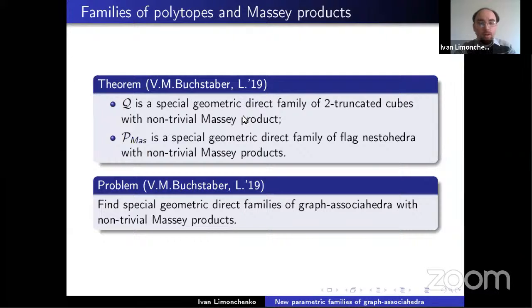So let me show you our main theorem. We showed that the family Q, which I introduced in 2016 and worked out in 2017, is a special geometric direct family of 2-truncated cubes with non-trivial Massey products. Since we previously showed it is a geometric direct family of polytopes, that means that Q_{n-1} is a facet of Q_n.